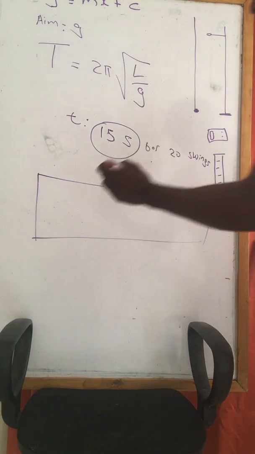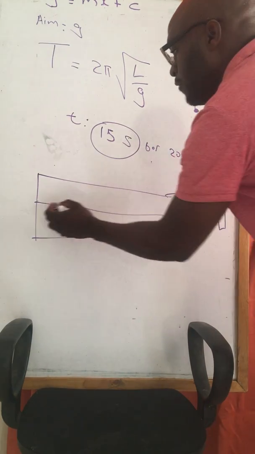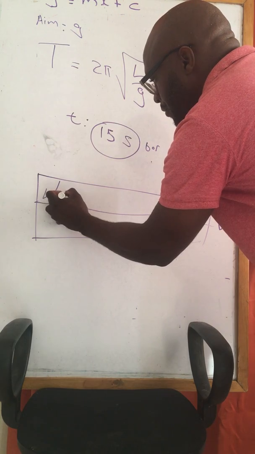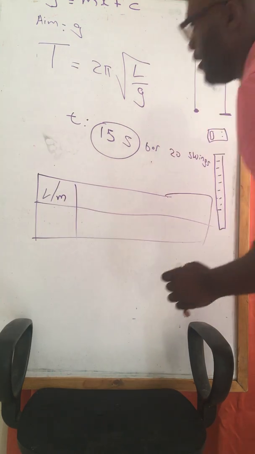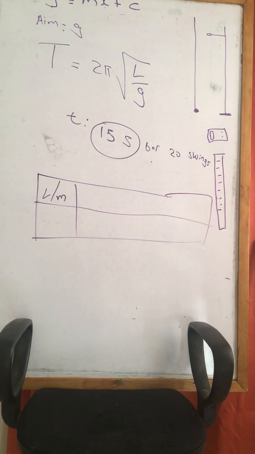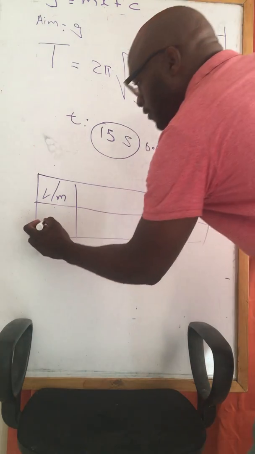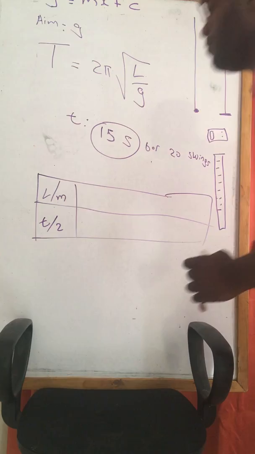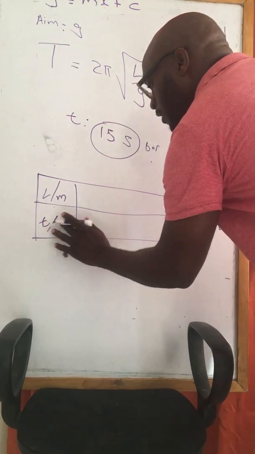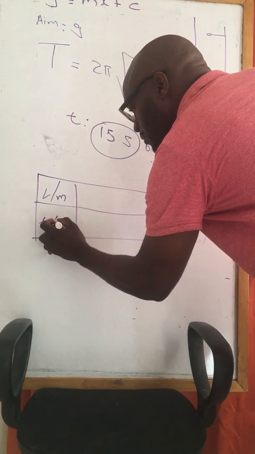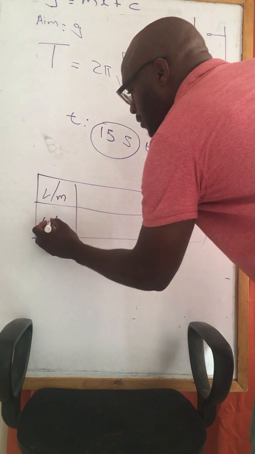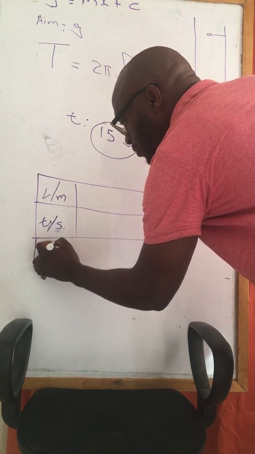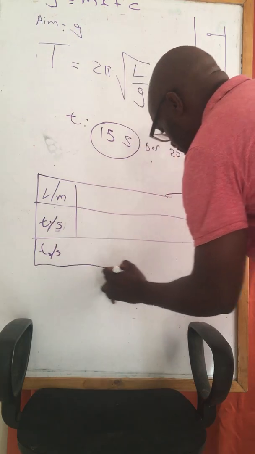So we would have our L. It is a variable, and the unit for L is meter. And also we have small t, which will be the time for our 20 oscillations. And then we could have t2 in seconds.